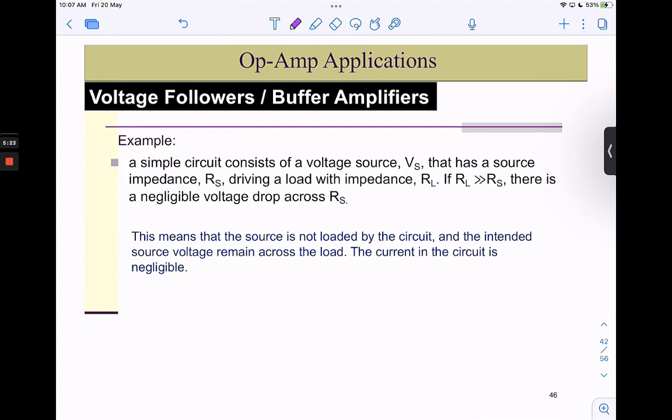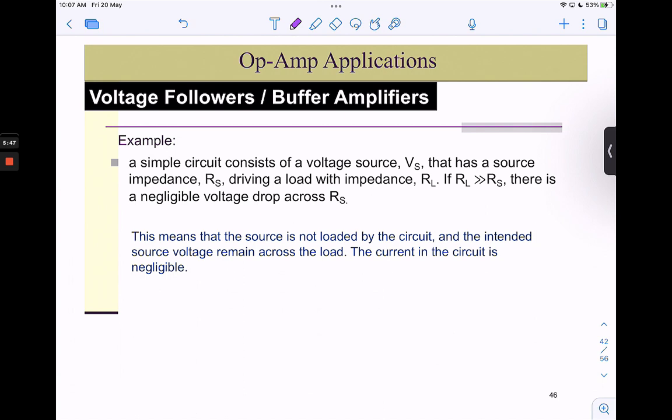and what does it mean? This means that the source is not loaded by the circuit, and the intended source voltage remains across the load. So what we want is actually for the circuit to deliver 10 volt to the load.